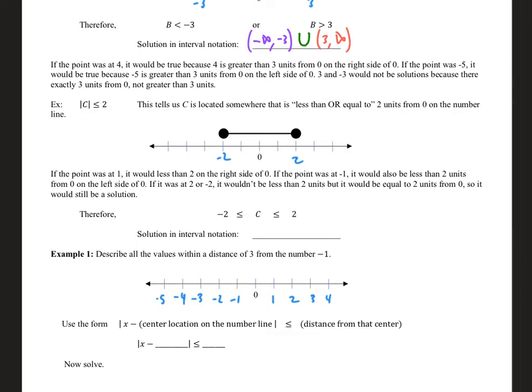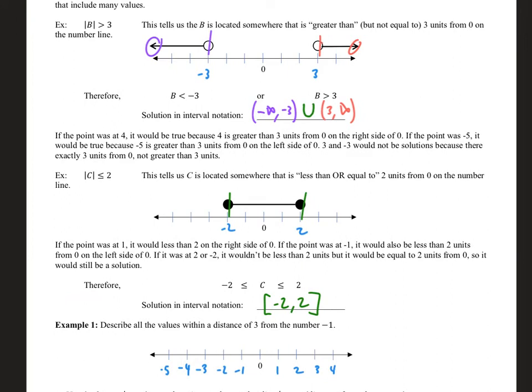So interval notation for this: starting at -2, ending at 2. So always go left, right, and because it's equal to, closed circle, we get the brackets. So just notice the difference between the or problems, the way they're written in interval notation.